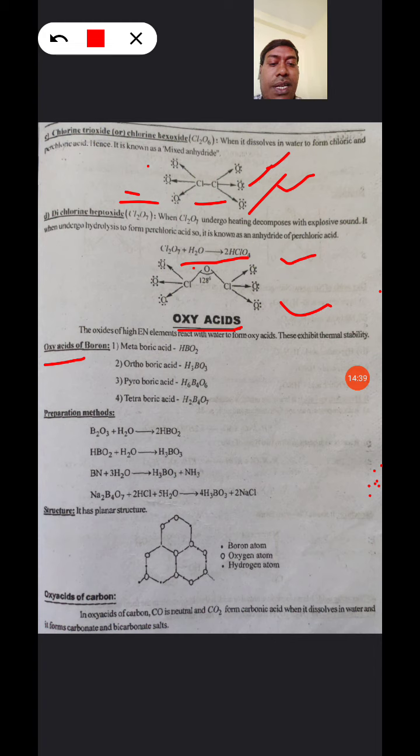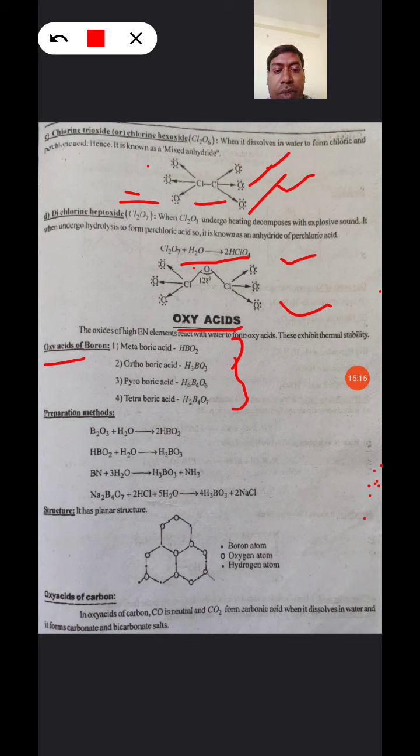So here generally boron forms these types of oxy acids: metaboric acid HBO2, orthoboric acid H3BO3, pyroboric acid H6B4O11 and tetraboric acid H2B4O7. Boron forms these four types of oxy acids.